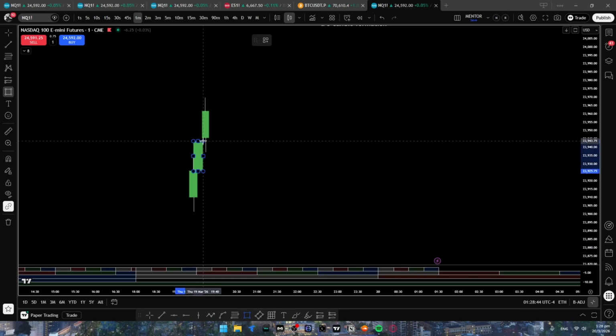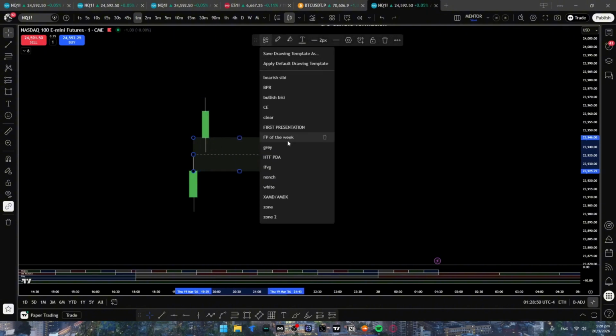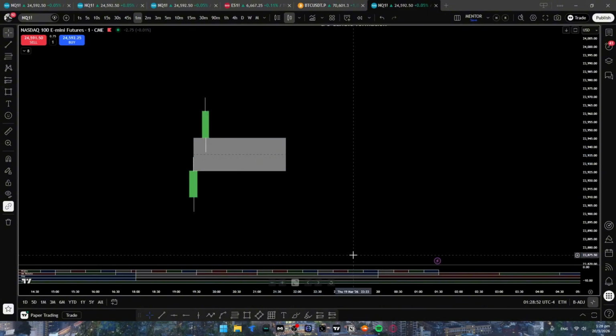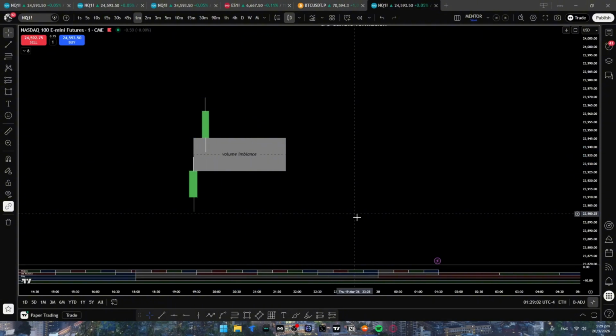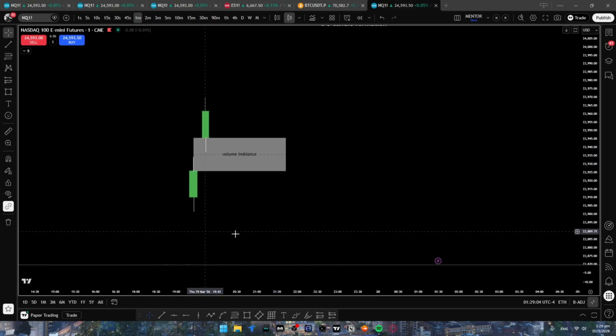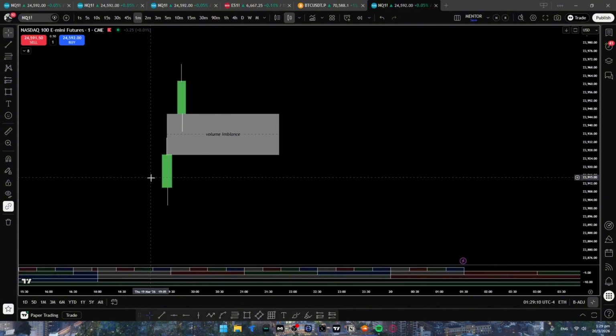So imagine a box here. Let's do a white box, right? This is what we call a volume imbalance. This can happen for candles, especially when these are daily candles, meaning this one candle is one day.